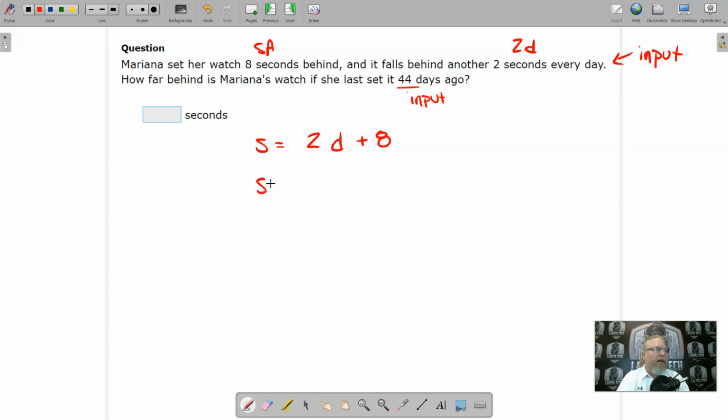So let's go ahead and S equals 2 times the number of days, in this case 44, plus 8. Now we can go ahead and multiply 2 times 44 to get 88. Now let's bring down our plus 8. And then finally we can do 88 plus 8, which is going to be what, 96? So her watch is 96 seconds behind.